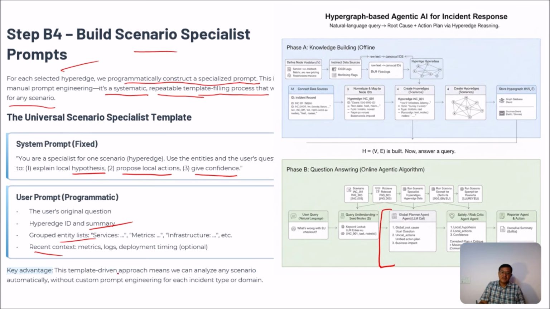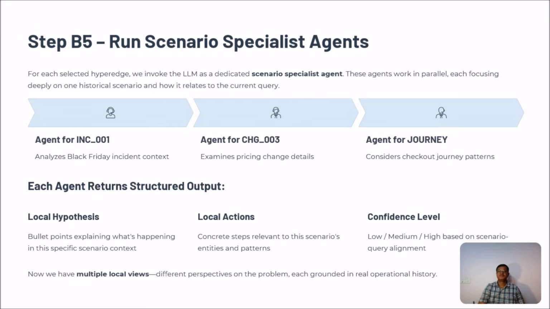This template-driven approach means we can analyze any scenario automatically without custom prompt engineering for each incident in the domain. This is very important because we are developing a fully automated system, and in the code we have also executed similar prompts.